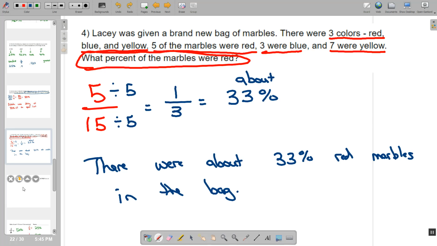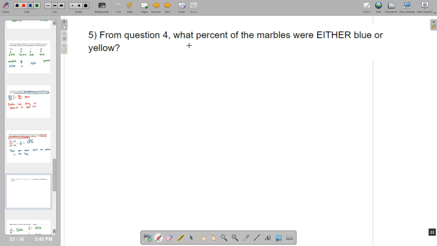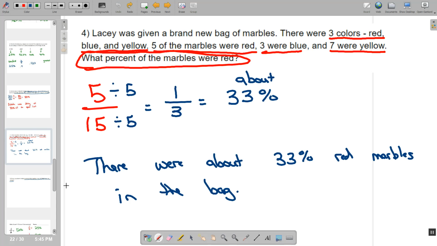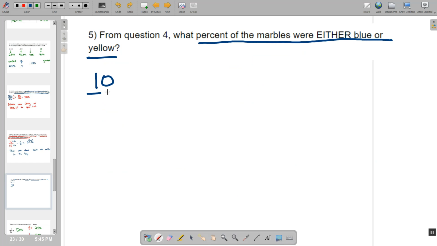Let's see what the last one is. From question 4, what percent of the marbles were either blue or yellow? So, in this problem, there were 10 that were blue and yellow combined out of 15. And I actually don't have to go too far here because we know that red was about 33%.